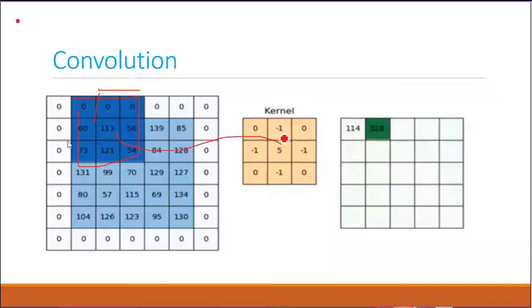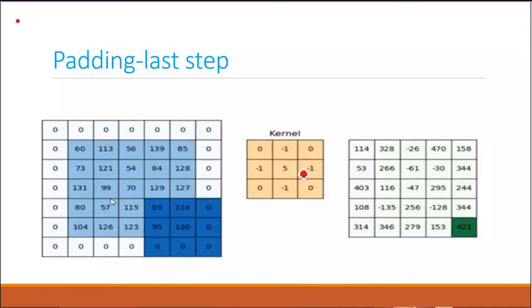Apply this: 0 0 0 0, and 60 multiplied with minus 1, 113 multiplied with 5, 56 multiplied with minus 1, and minus 1 multiplied with 121. I get the value 328. Similarly, we keep on sliding and we get 420, 421.